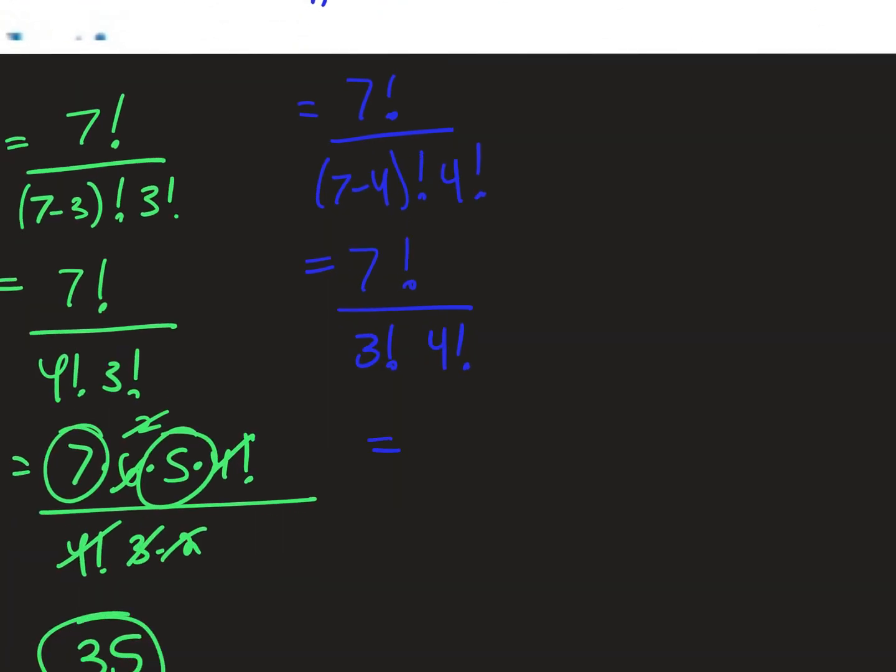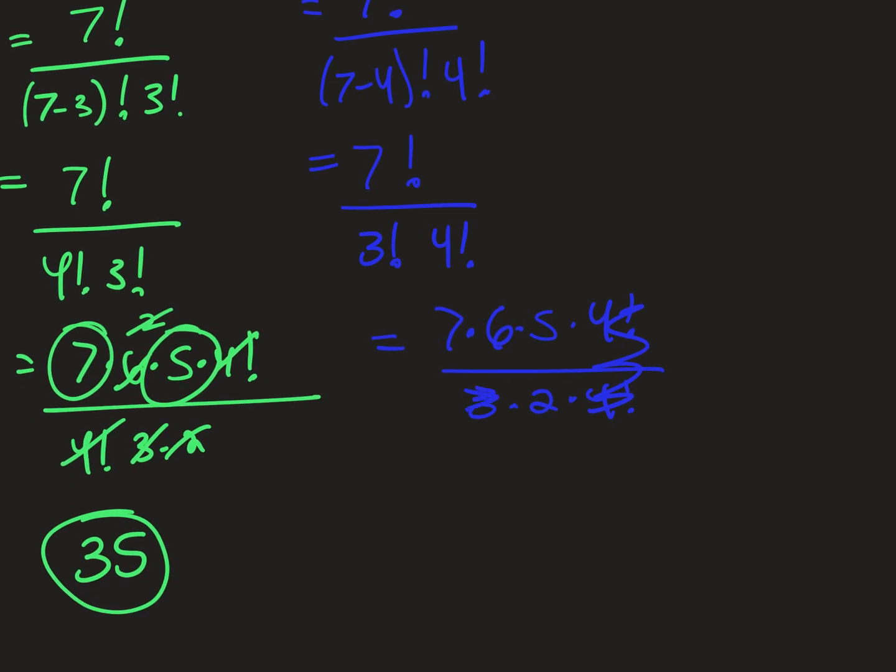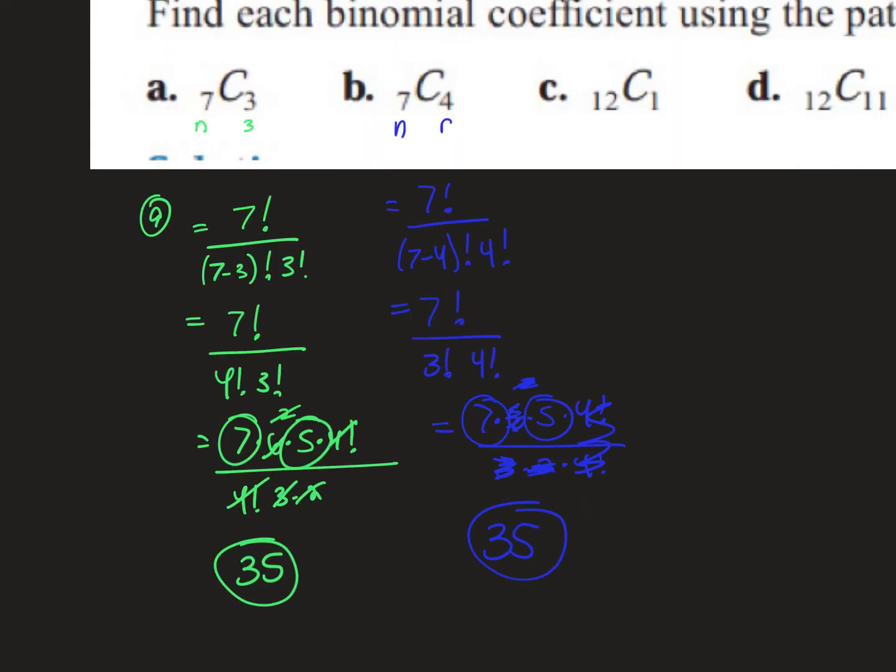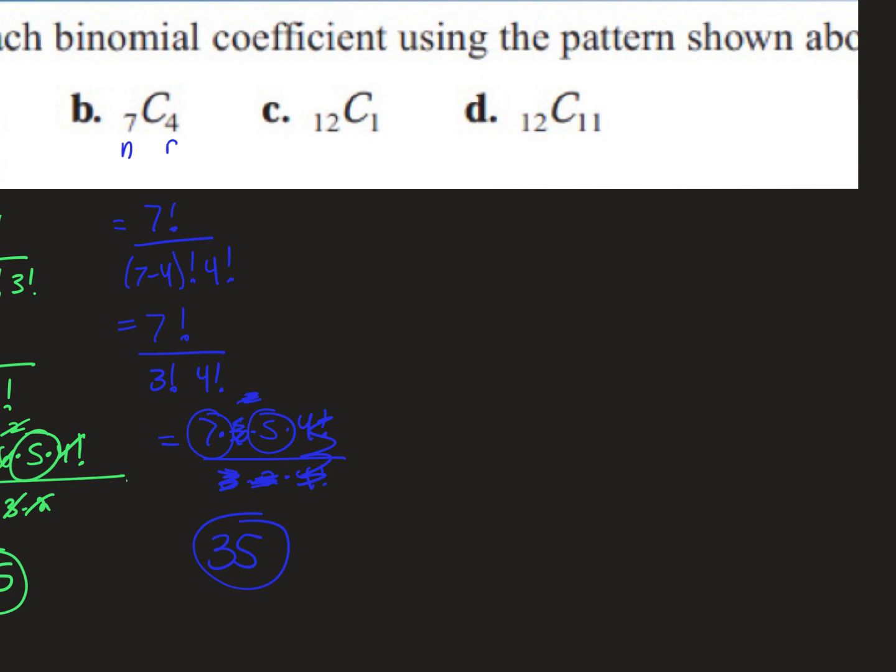Here I see that 4 factorial is going to be bigger than 3, so I'm going to say 7 times 6 times 5 times 4 factorial over 3 times 2 times 4 factorial. 3 goes into 6 2 times, 2 goes into 2 1 time, so I have 7 times 5, and that gives me 35.